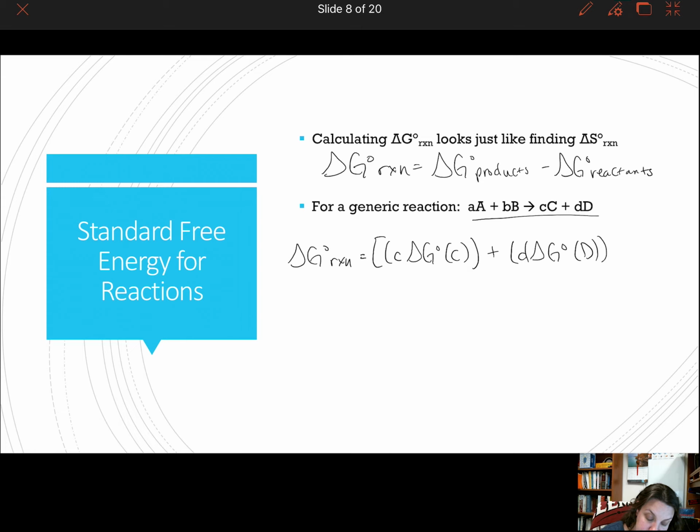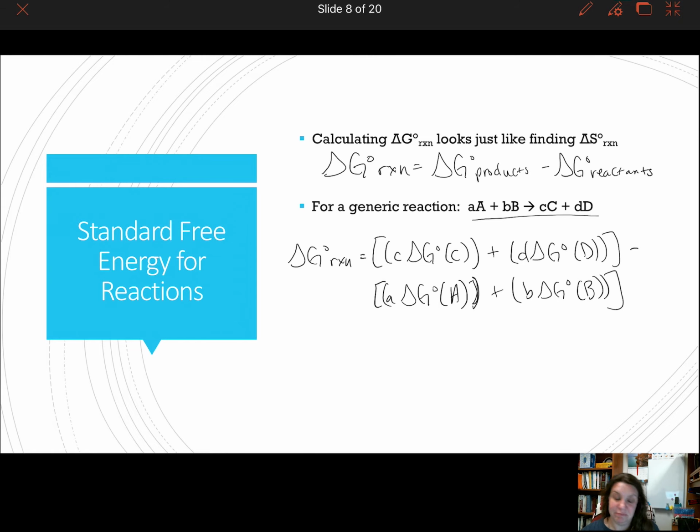So very easy to solve for these. We take our products minus our reactants: a delta G naught of big A plus b delta G naught of big B. So pretty easy to find.